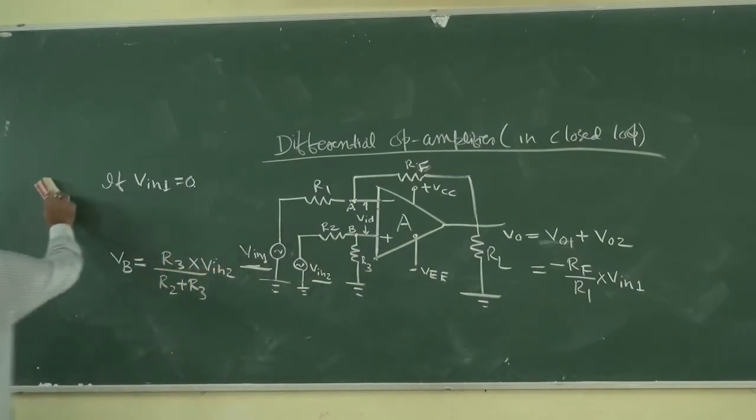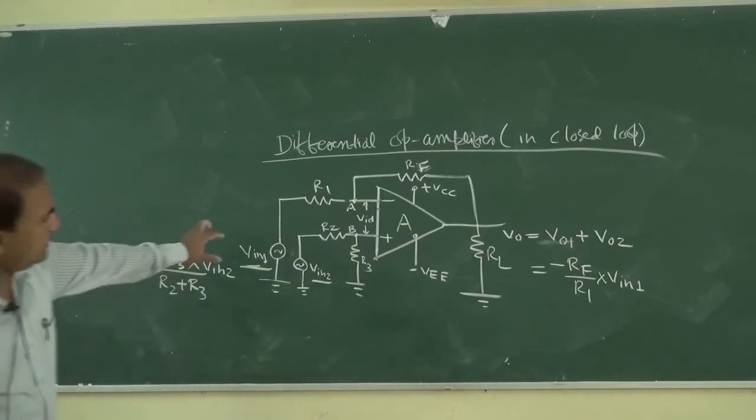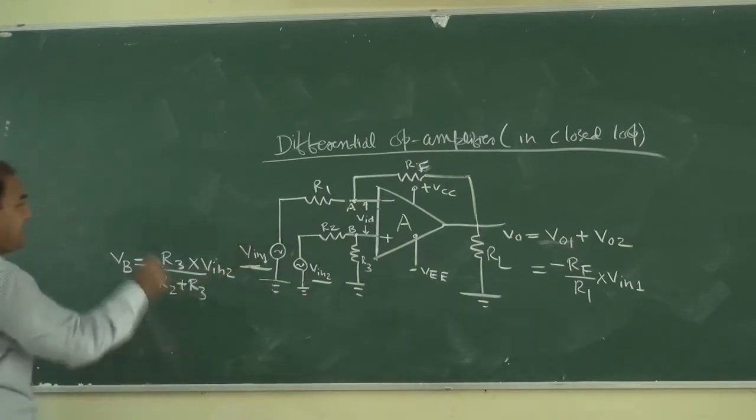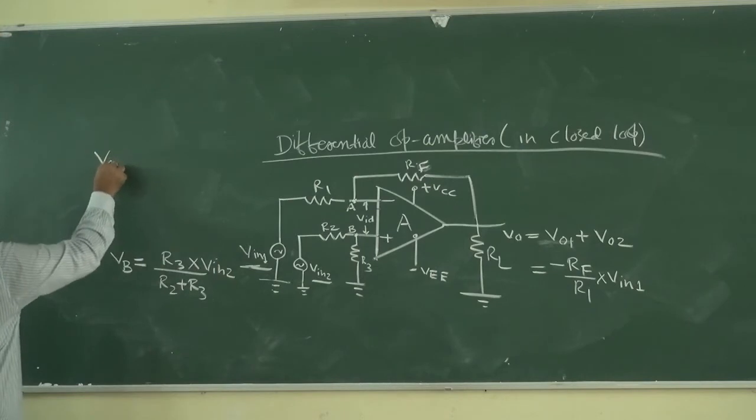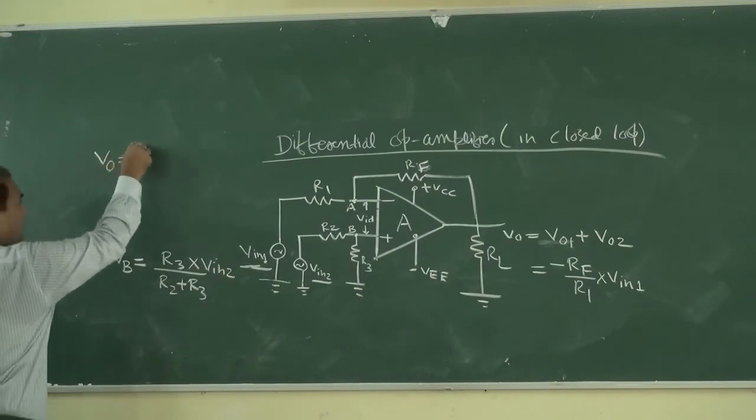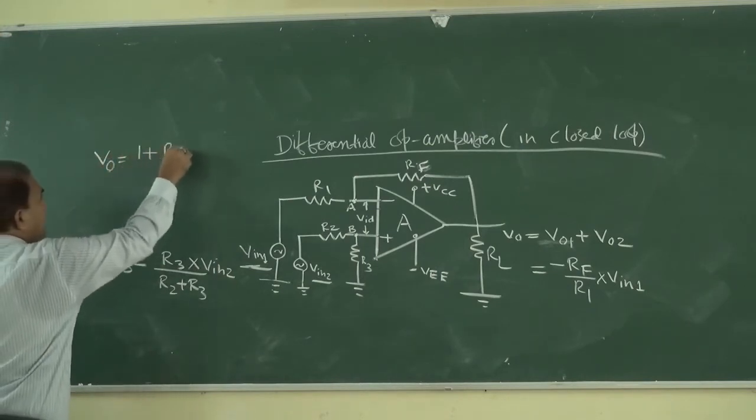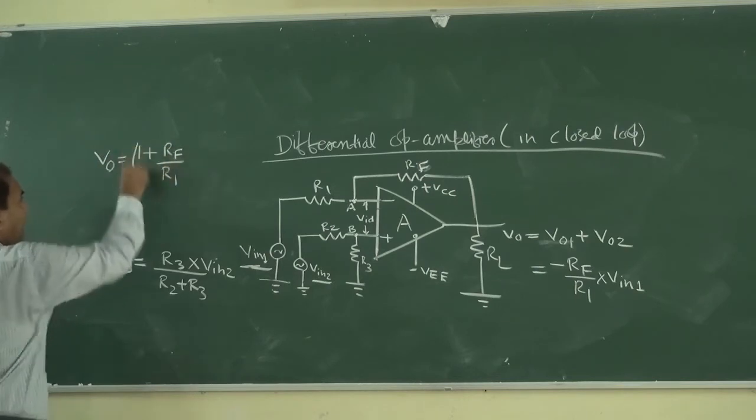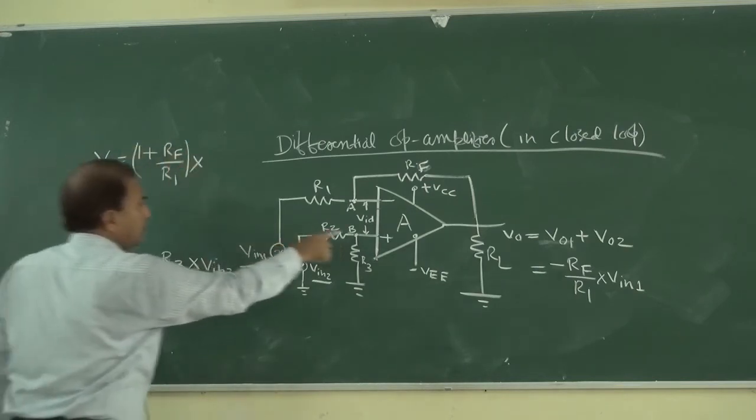So if V in 1 is equal to 0, how can we get V output? It is equal to 1 plus RF by R1 into VB.